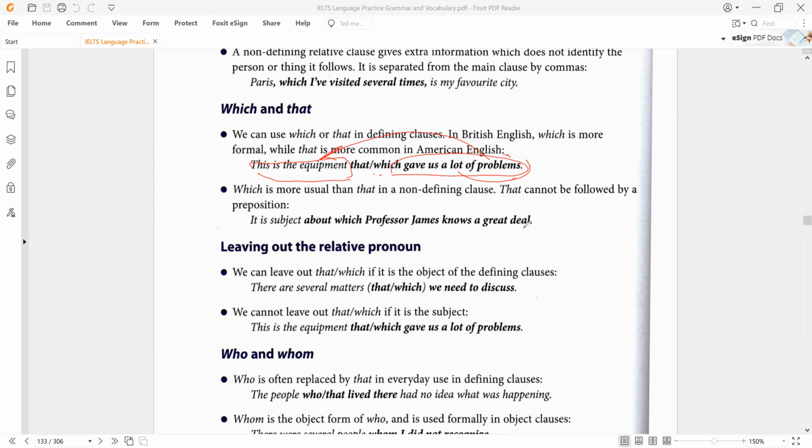It's a subject about which Professor James knows a great deal. So the subject here, it is about Professor James knows a great deal. A great deal about what? About the subject.